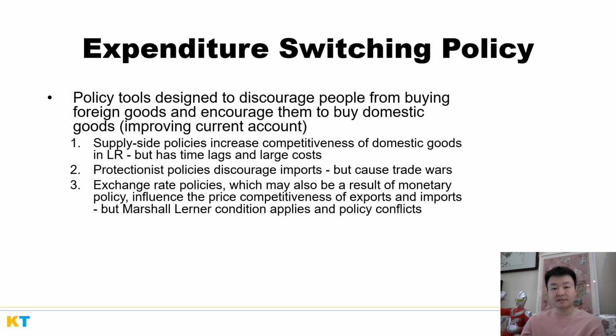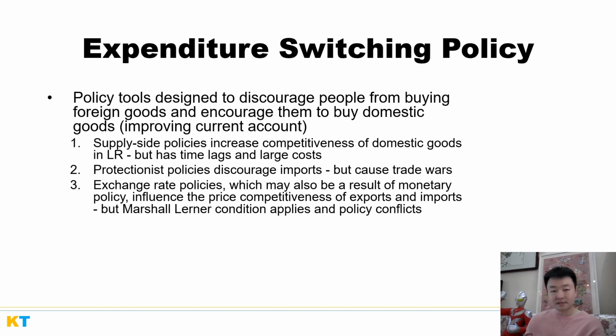So supply side policies that increase the competitiveness of domestic goods not only stimulate our export market, but we're also hoping that some of the citizens of our country will switch and change their purchasing behaviors from foreign goods to domestic goods instead. Now, we all know, though, that supply side policies come with time lags.